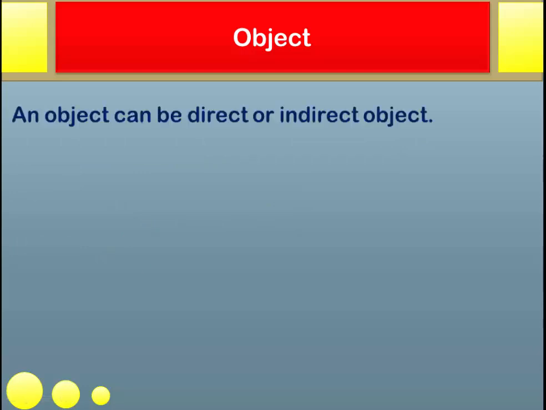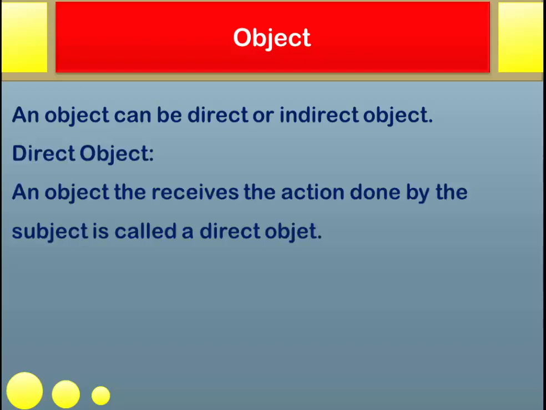Now an object can be direct or indirect. So what is a direct object? A direct object is the object that receives the action done by the subject. The object that receives the action is called direct object.